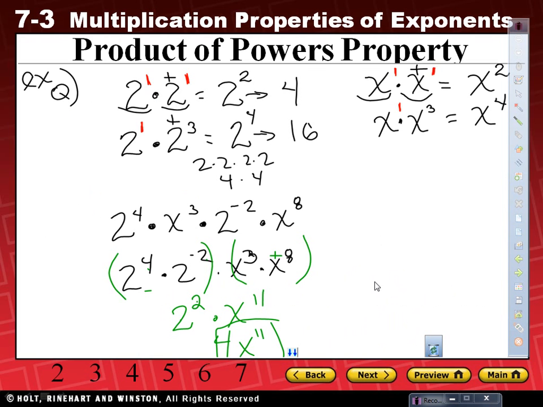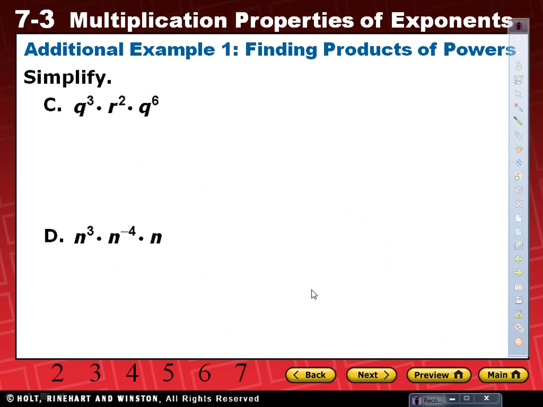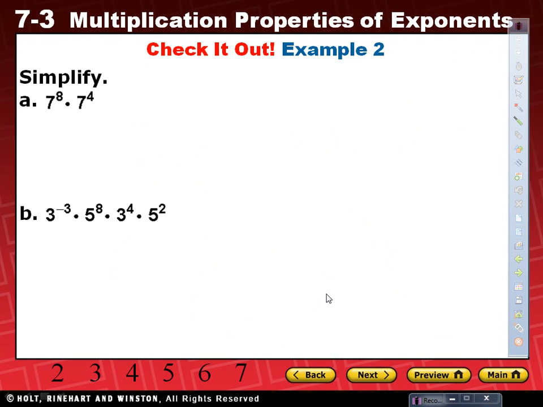We went through some examples, something similar to this, and then we said that whenever you have two numbers or two variables that have the same base, what do we do to the exponents? Add. We add them, right? Okay. We went through some examples, this example, that example, and we left off at that one. Okay, copy that, please.